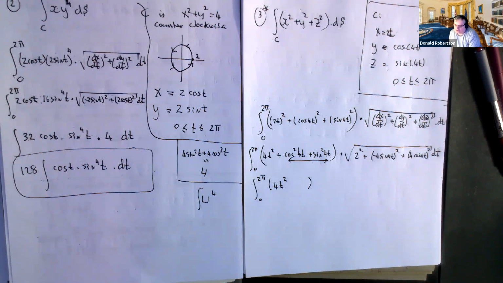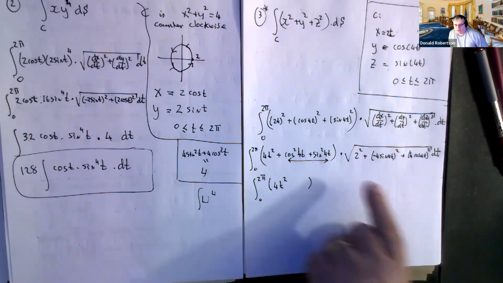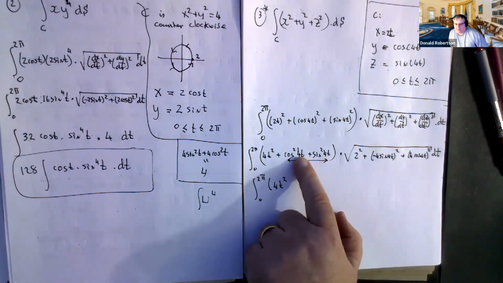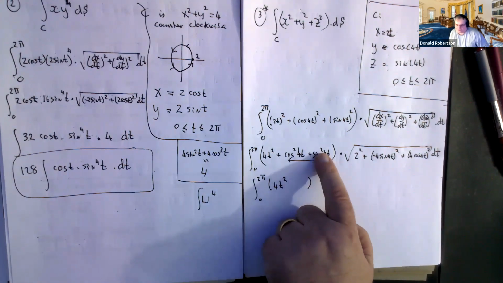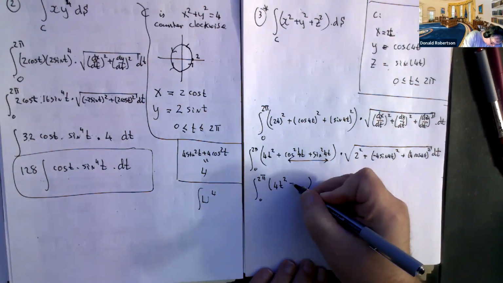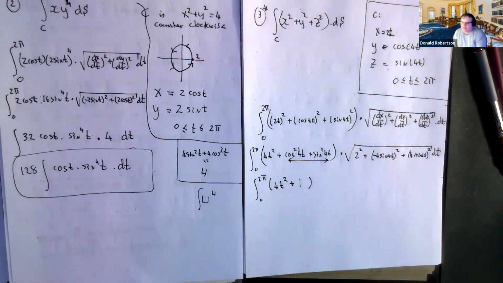Sine squared x plus cos squared x is 1. Sine squared 1,000,000 t plus cos squared 1,000,000 t is 1. As long as these are the same number, the cos squared of it plus the sine squared of it will always be 1. So the connection sine squared x plus cos squared x equals 1 is just one member of the whole infinite family of that relationship.